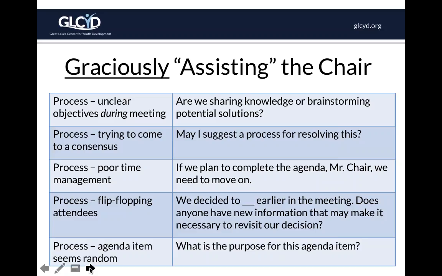And then another one is people that flip-flop. Your attendees may flip-flop their decisions, or even the chair may flip-flop. What I mean is you made a decision and now they're starting to second guess. You can say, we decided to do XYZ earlier in the meeting, we had robust discussion, and this decision was made. Does anyone have new information that may make it necessary to revisit our decision?